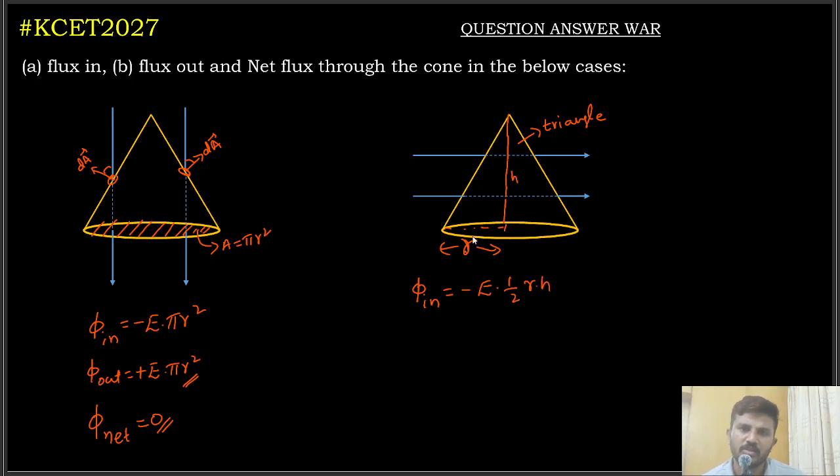Since the base is 2r, we get minus E r h. Then flux out, same answer, plus E r h. The net flux will be 0. Clear? Flux in plus flux out.